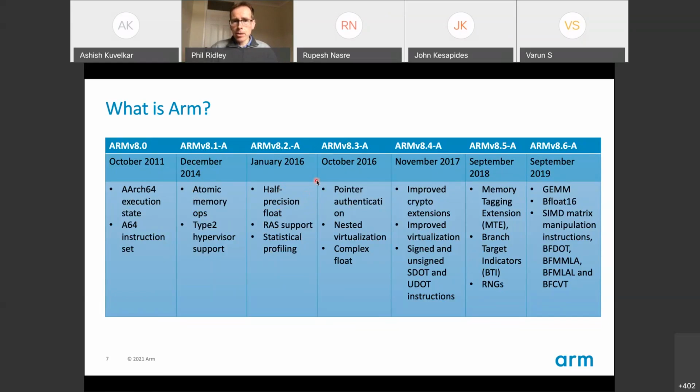And you can see that this has evolved quite nicely as we go to the current 8.6 and so forth.